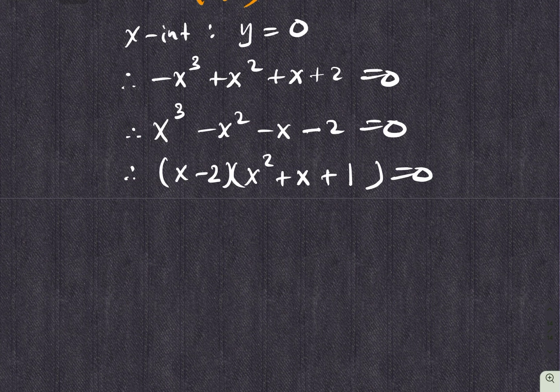I'm trying to be very careful there. Yeah, negative 2 times 1 gives you negative 2. Then these two give you x cubed.